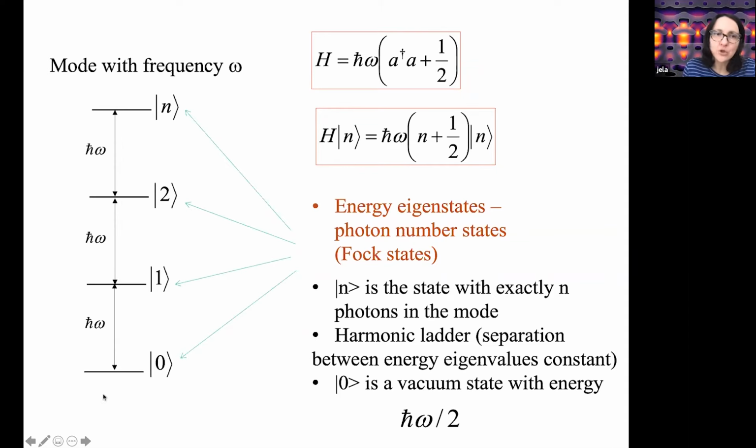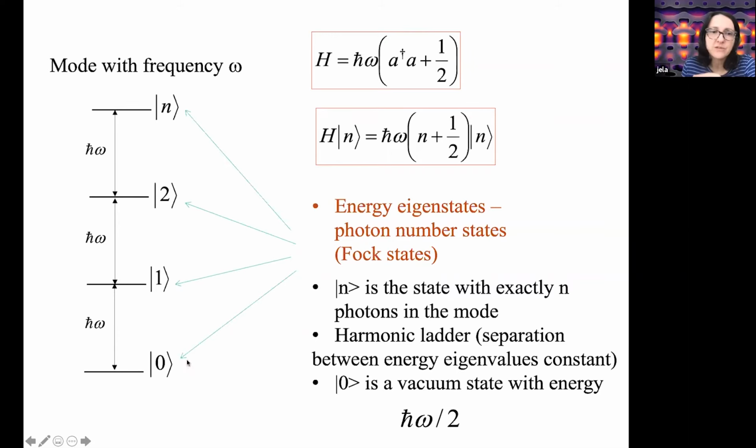And these energy eigenstates of a quantum harmonic oscillator or of a mode of electromagnetic field are referred to as Fock states or photon number states. And they're referred to as photon number states because each one of these states has well-defined energy, right? If you're in the state 2, you know that you have exactly 2 excitations in the system, which we call photons, right? If you're in the state 1, you have exactly a single photon, a single excitation in the system.